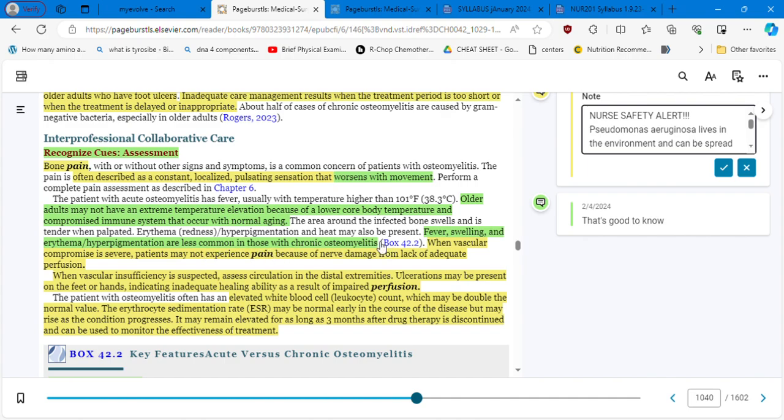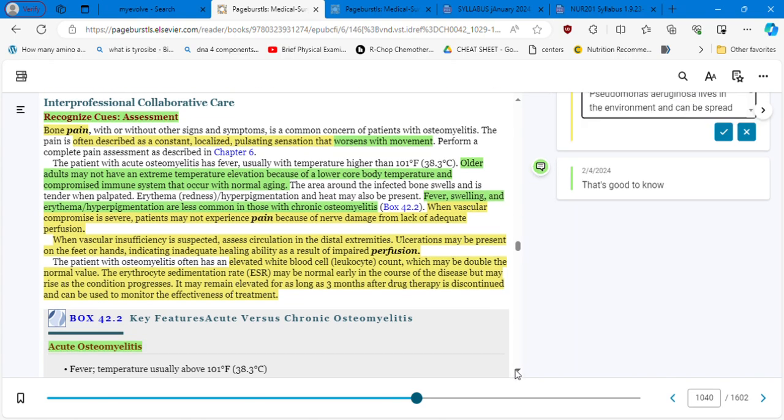It's like the body is getting used, right, to this type of adverse environment. When vascular compromise is severe, patient may not experience pain because of nerve damage from lack of adequate perfusion. It's like the diabetic, right? When they have neuropathies, they don't feel the hot water, they don't feel the cold water, right?